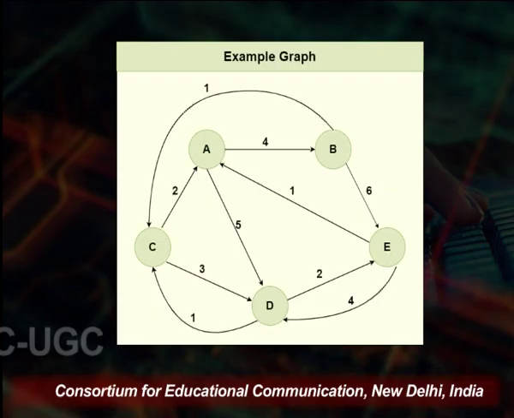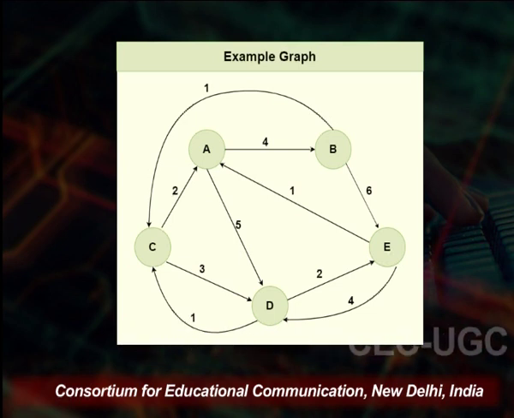So, from C to B, there is a direct path, then there is a path which takes A as an intermediate one, then it also has a path which takes D and E, then A as the intermediate one. So, all this information is to be updated in the matrix.